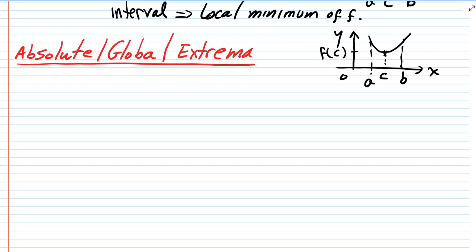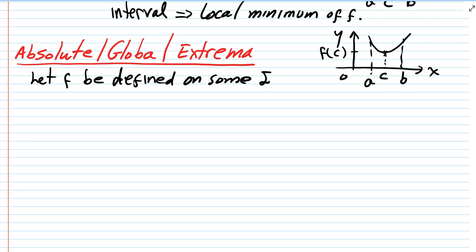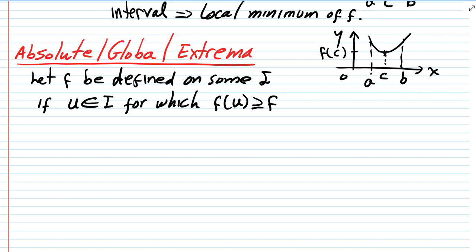So suppose I'm going to say let f be defined on some interval I. And this time, instead of f at C, if there is some number u inside of that interval I for which f at u is greater than or equal to f of x for all x, and x has to be inside of that interval.